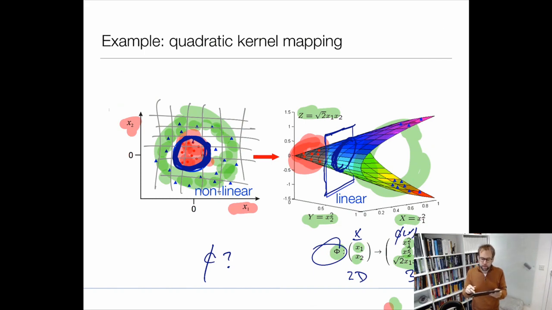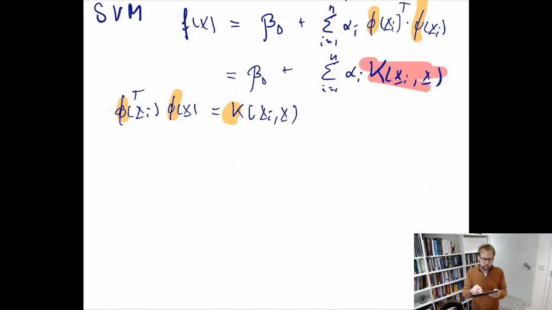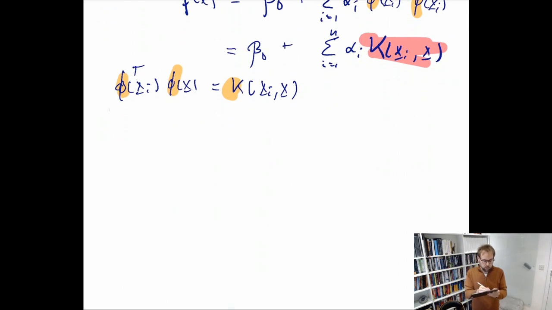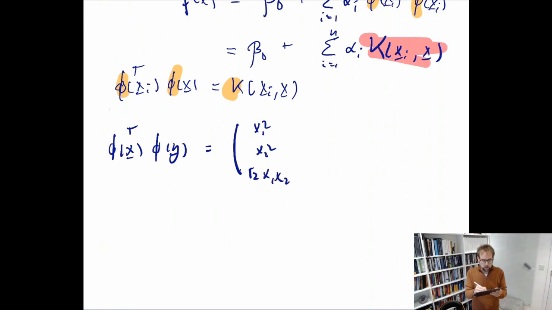If I would be asking, for example, in this case, what would be this inner product, what would be phi of x, phi of y for this example, which I've given on the previous slide? So what would I have? I had x1 squared, x2 squared, square root 2 x1 x2 transpose, and then here I had y1 squared, y2 squared, square root 2 y1 times y2.